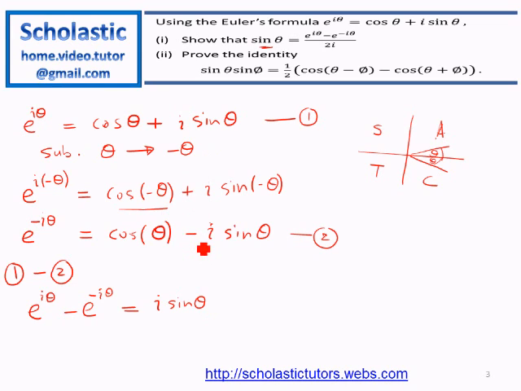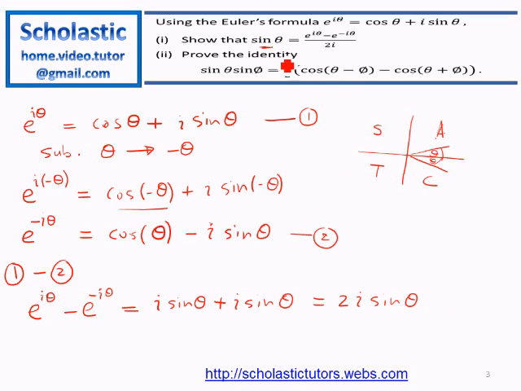Because we are subtracting the second equation, negative and negative become positive, so we get positive i sin theta. So we get 2i sin theta here.